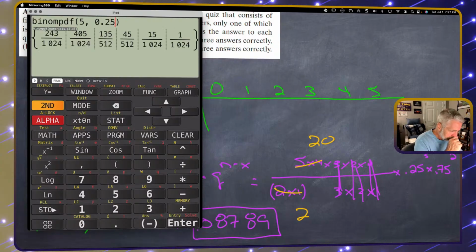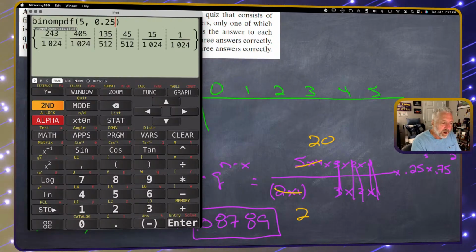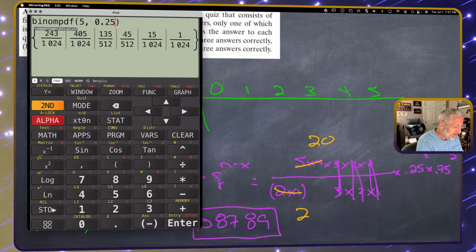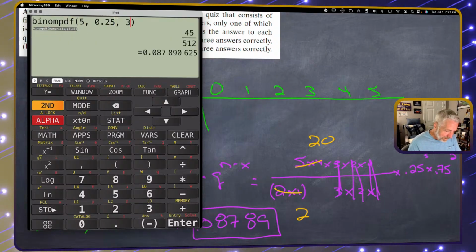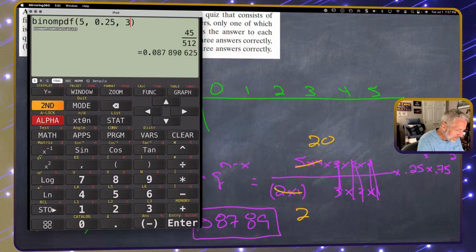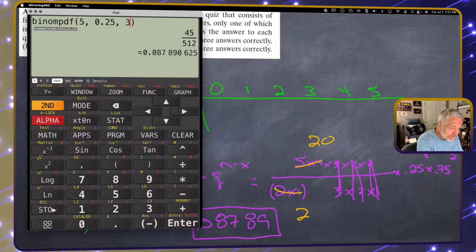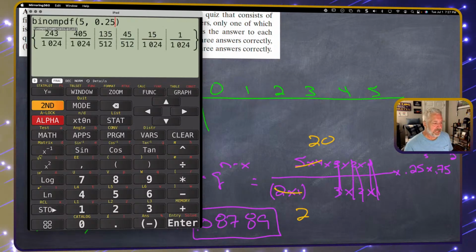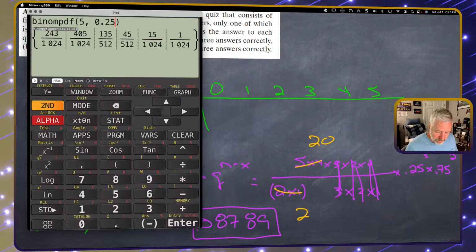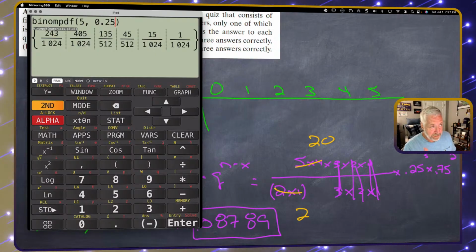Probability of success. Look at that. It's already given me all of them. And then we're just looking for 3. Same thing. But look at this. There it is. So I've got my numbers right there below for my entire table.